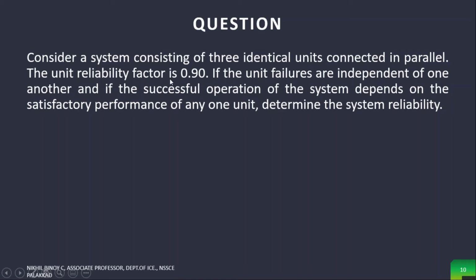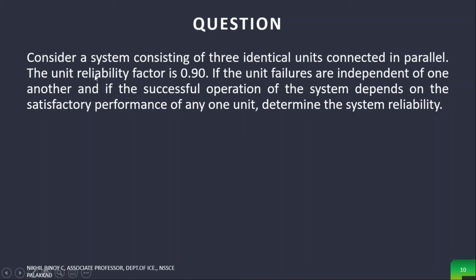The unit reliability factor is 0.9. The reliability of each component is 0.9. If the unit failures are independent of one another, and if the successful operation of the system depends on the satisfactory performance of any one unit, determine the system reliability.